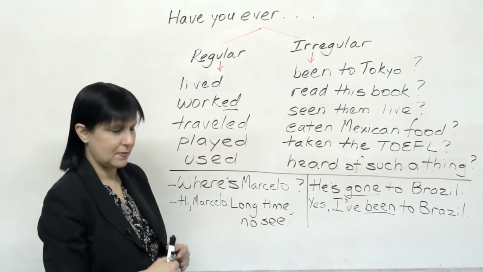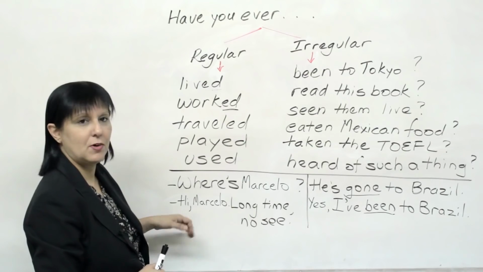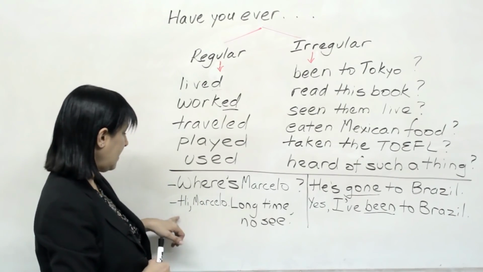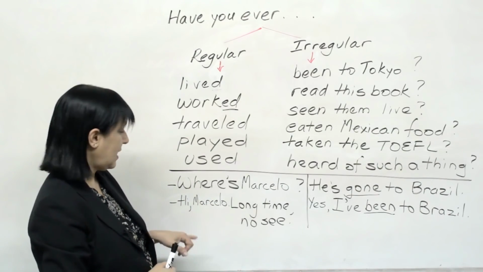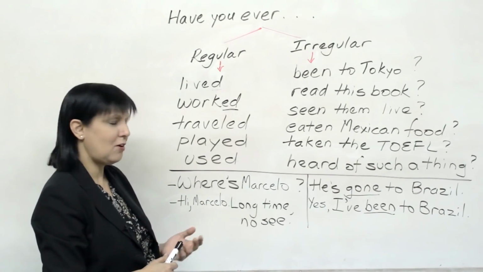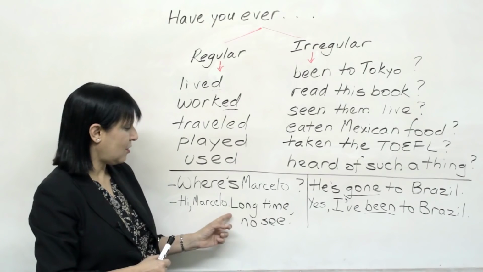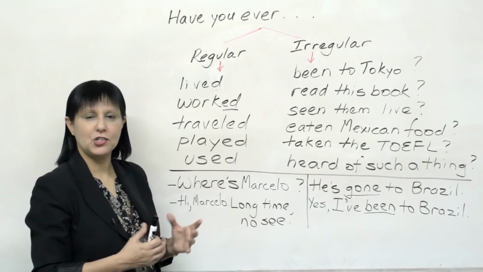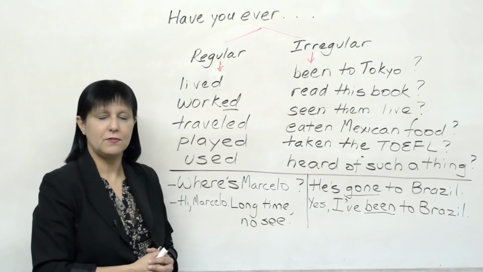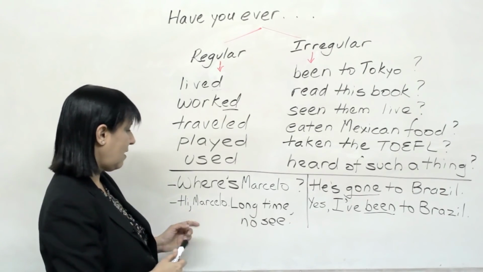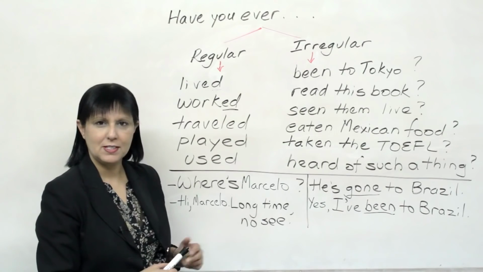He is not here. Now, let's say Marcelo returns. And you're talking to Marcelo. Marcelo and you are in the same room. And you say, hi Marcelo, long time no see. Long time no see is an expression that we use sometimes in English when we haven't met someone for a long time. Okay, hi Marcelo, long time no see.